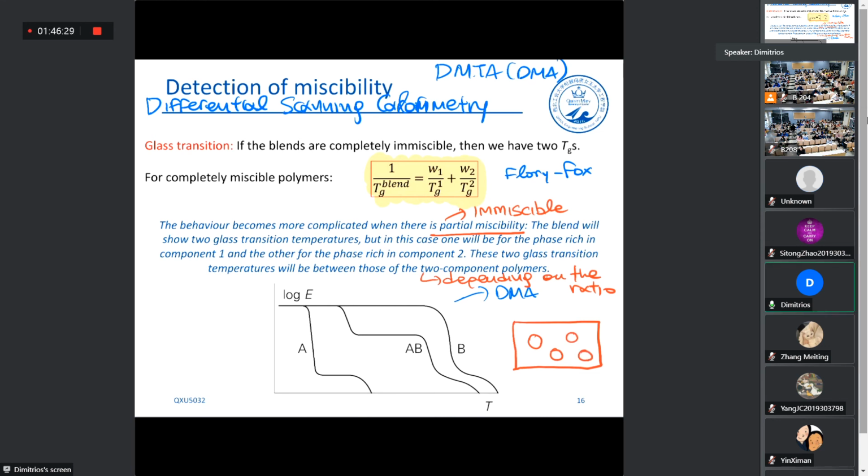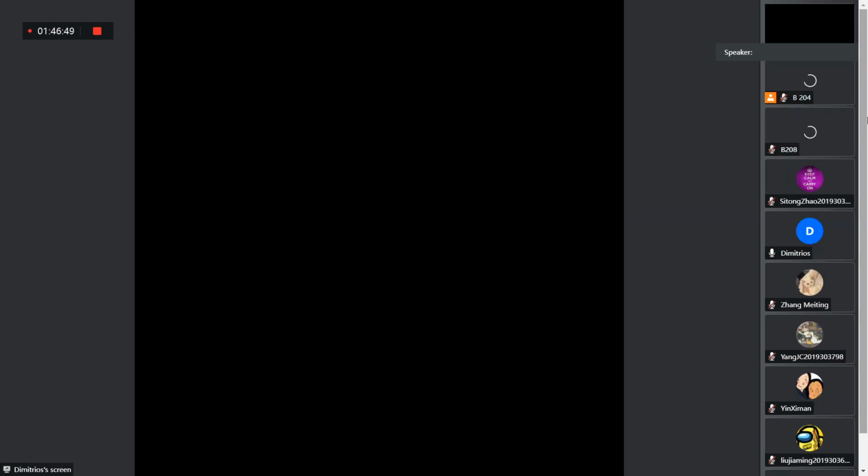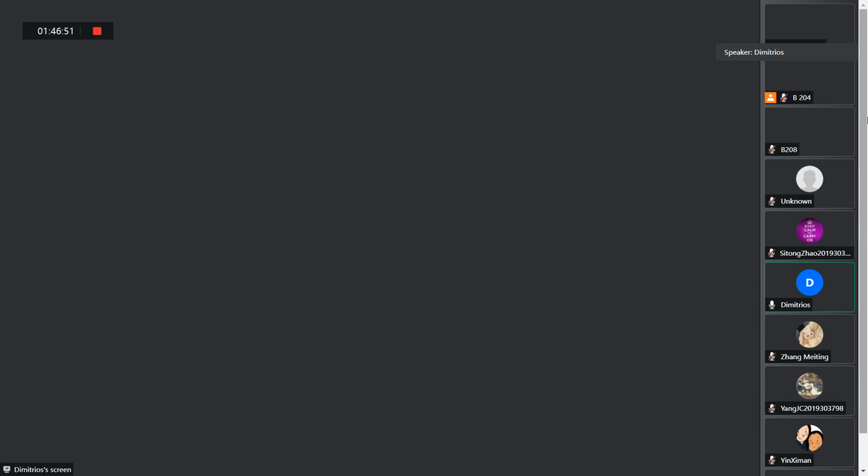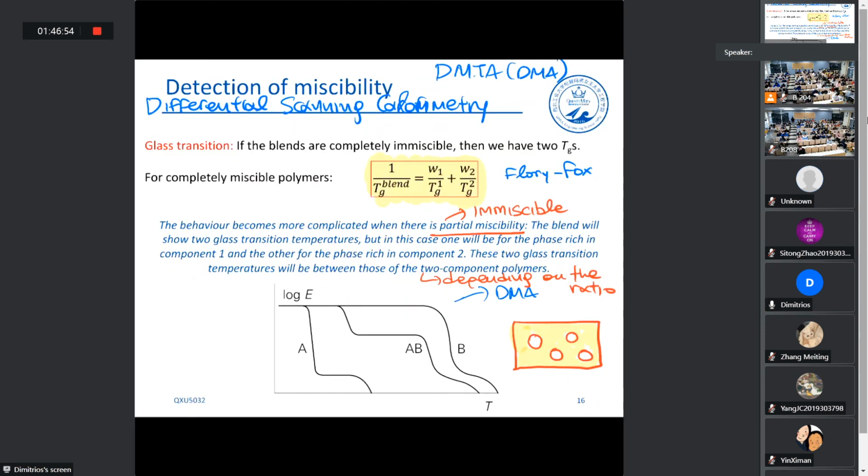So if we have polymer 1, the yellow polymer in here, and the white one is this, let's say, these dots here are the second polymer.